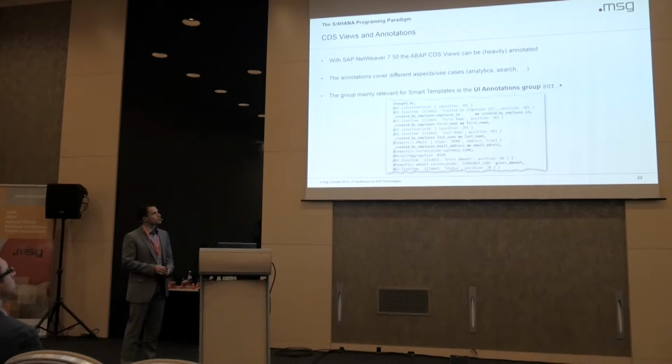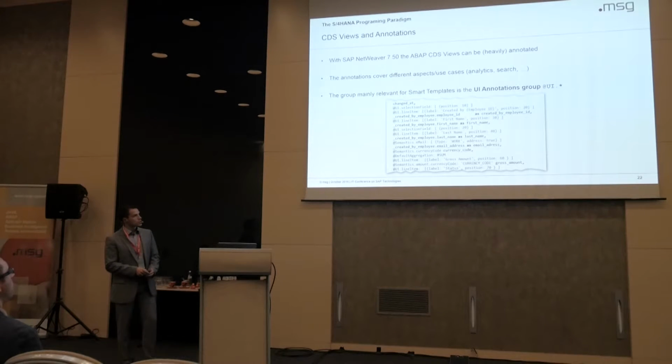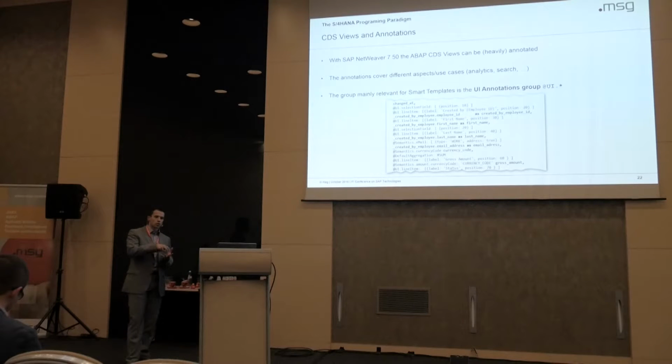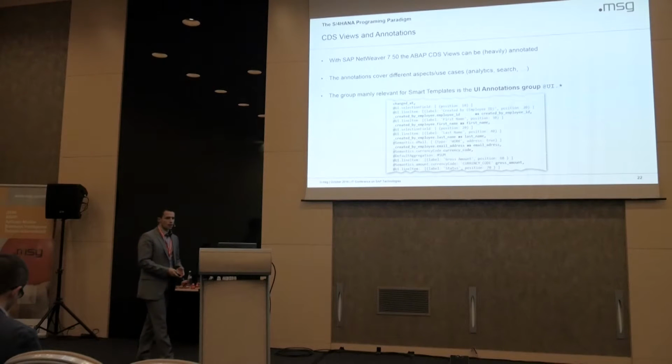You can have annotations concerning searches. And you have one big group of annotations, the @UI annotations, that allow you to put information into the CDS view that is then used by the UI in order to be generated.